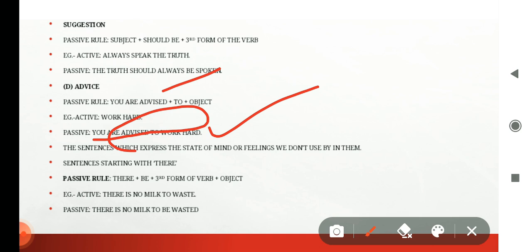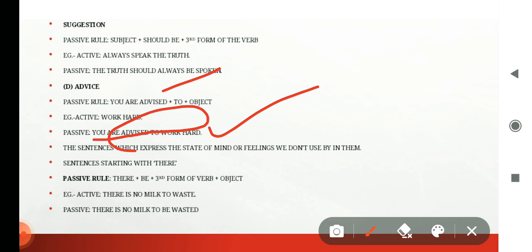Alright, then sentences starting with there. What is the rule here? Passive rule: there plus be plus the third form of verb along with the subject. Now you see active. In the active voice, there is no milk to waste. In this sentence there is no subject, but it begins with the word there. So how to convert this active voice into passive voice? Let us see. There is no milk to be wasted.